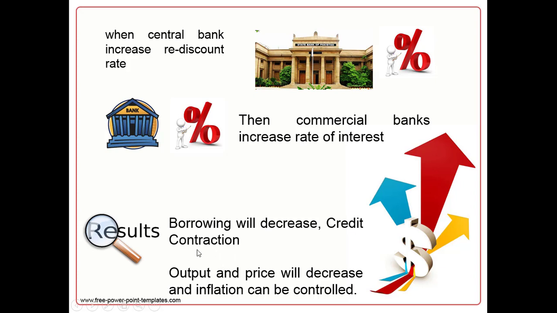When they take fewer loans, they will supply less, prices in the market will come down, and inflation can be controlled. This way, by just increasing the interest rate, the central bank will decrease inflation in the country.